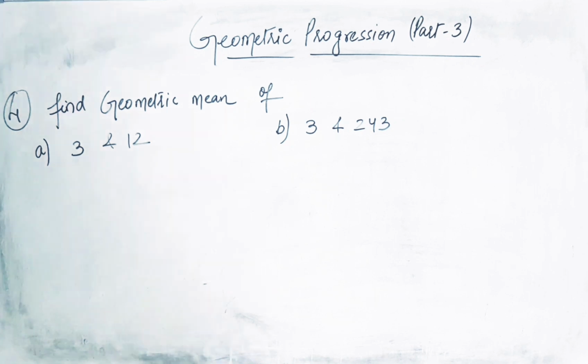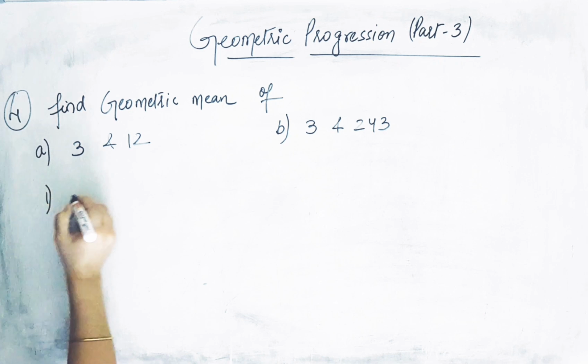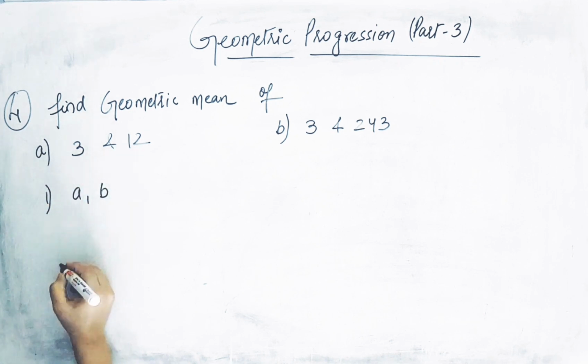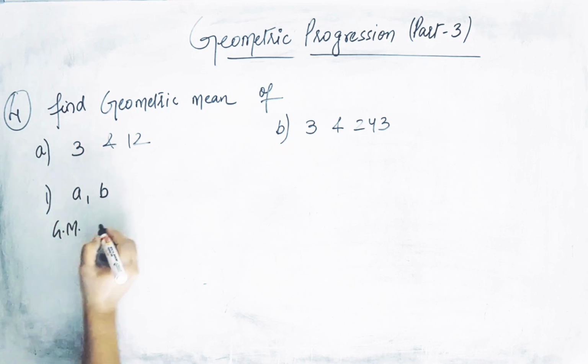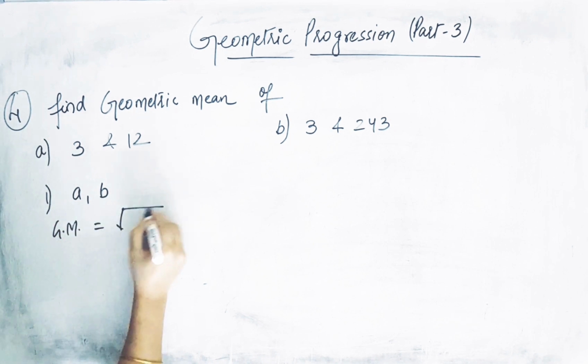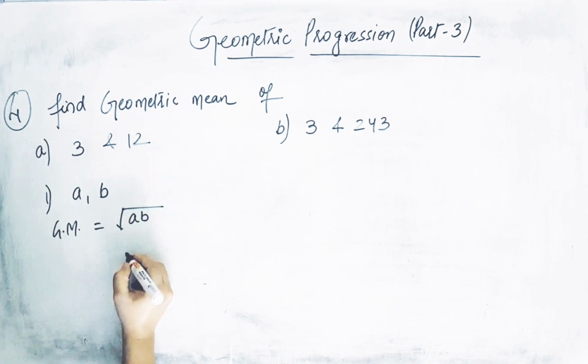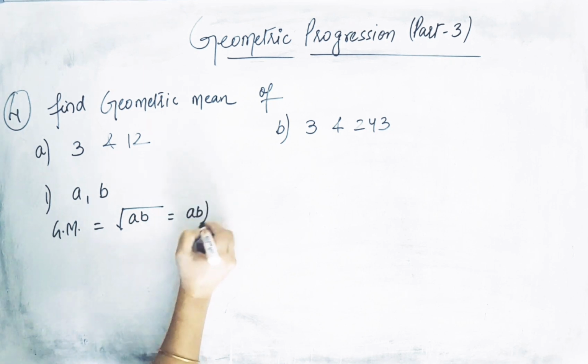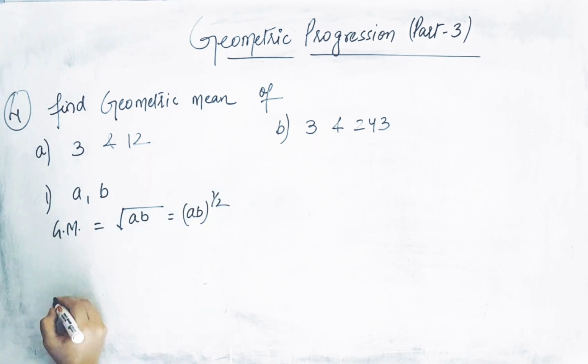So the question is, find the geometric mean of 3 and 12. Now see, how can we calculate geometric mean? There are certain concepts which I will discuss now. Let's suppose we are provided with two numbers A and B. To calculate the geometric mean, we apply the formula square root of AB, or AB to the power 1 by 2.